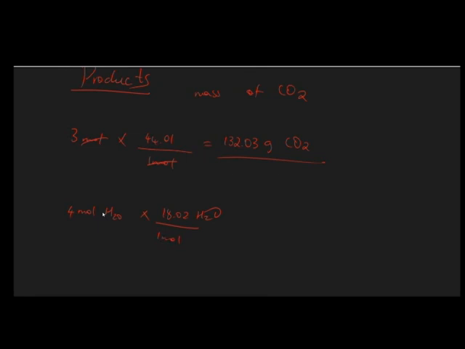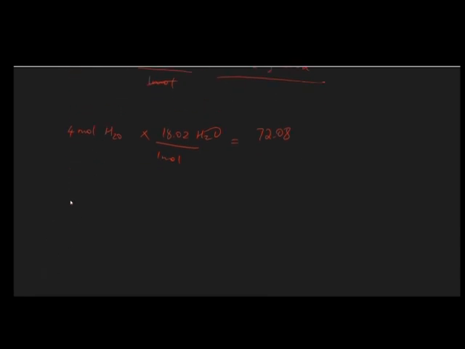Because even the numbers, when you find maybe it's like 0 point something something, you just choose 2 decimals. So this is 72.08. So what is the result of the products? It's 204.11.